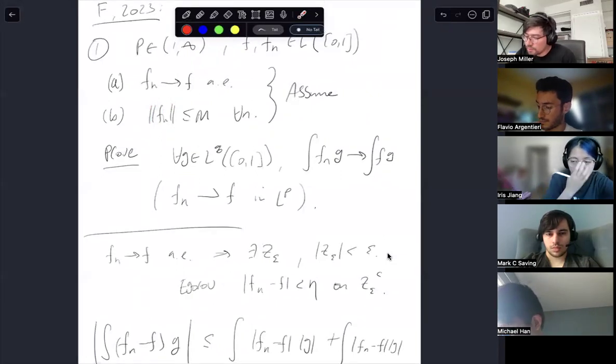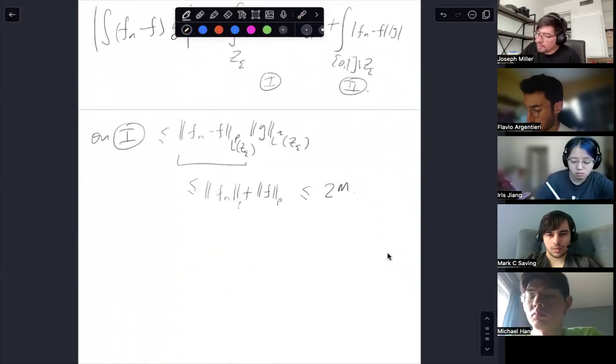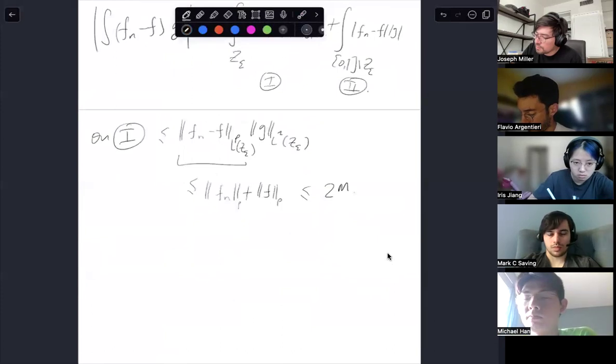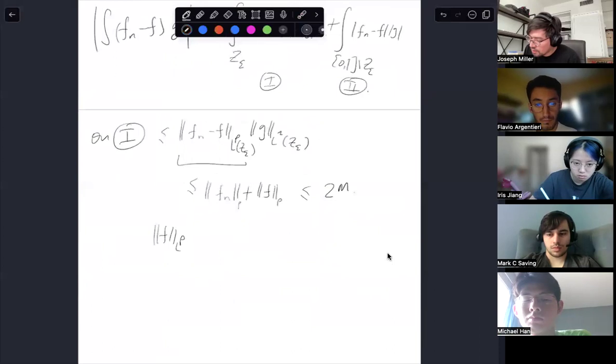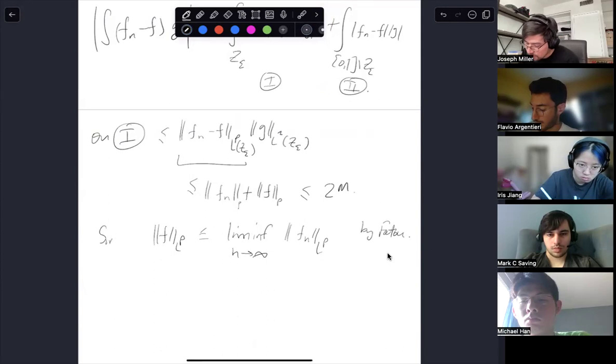Actually, you can show that f should be in LP. The reason is that f in LP is less than or equal to, by Fatou, the limit as n goes to infinity of fn in LP, by Fatou. Make sense? Okay.